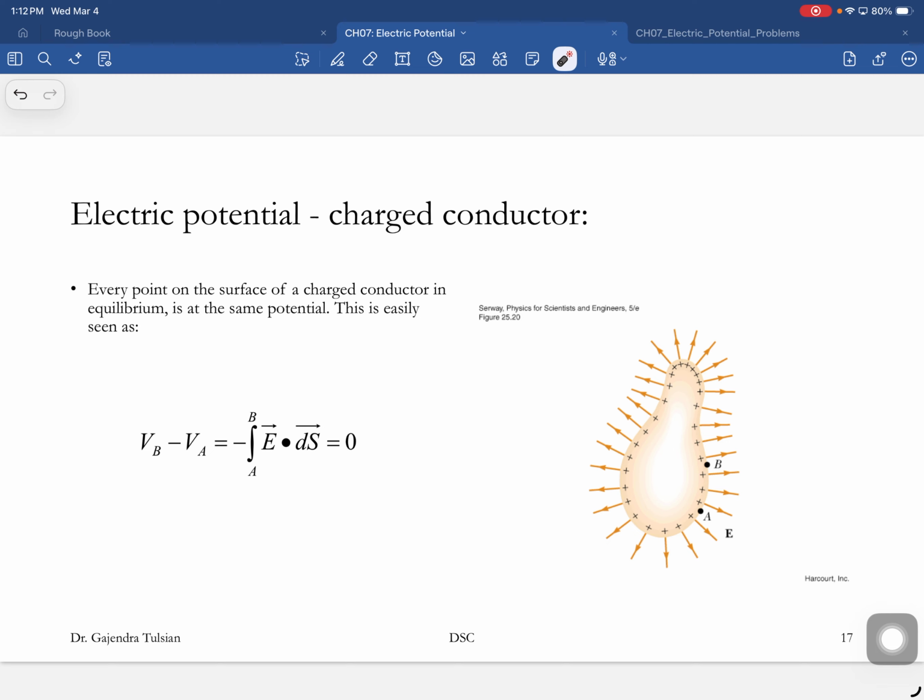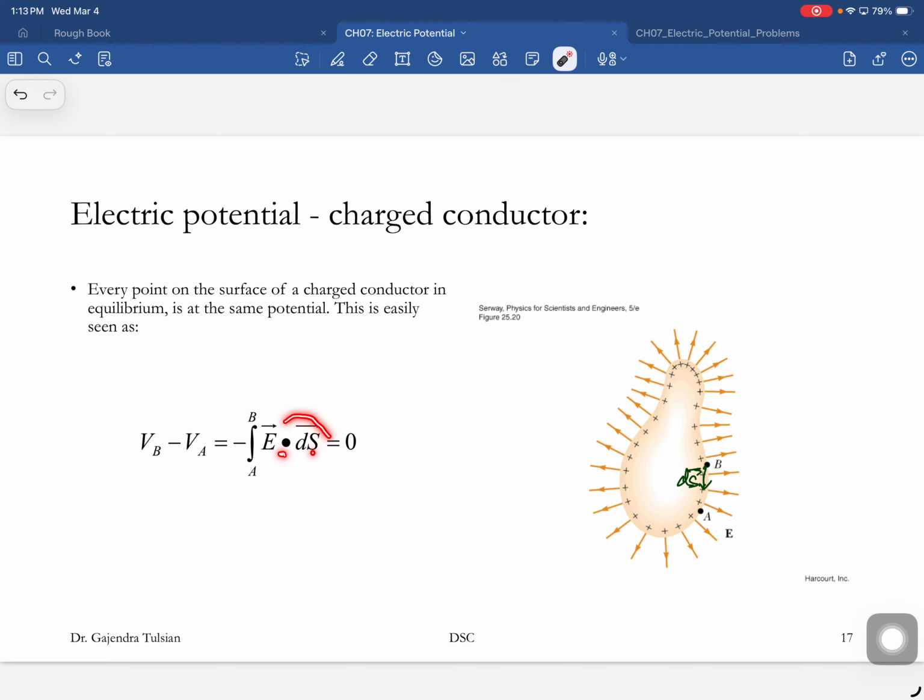All right. So if you put a bunch of charges on a conductor, you saw that the charges reside on the surface of a conductor, and the electric field is perpendicular to the surface. So what this is saying is, if the electric field is perpendicular to the surface, let's take a path along the surface. The electric field dotted with this displacement, what will that be?